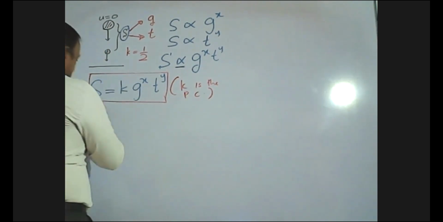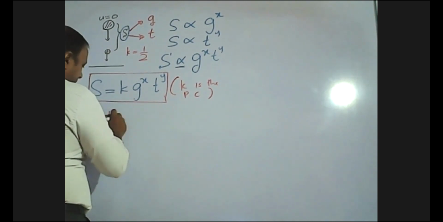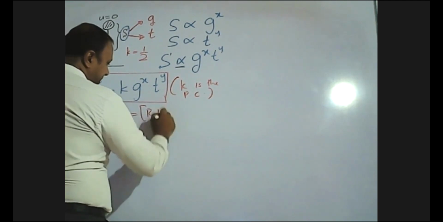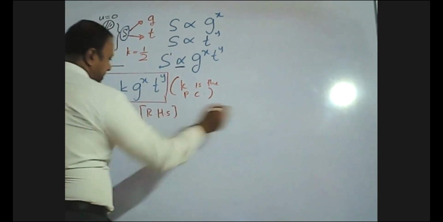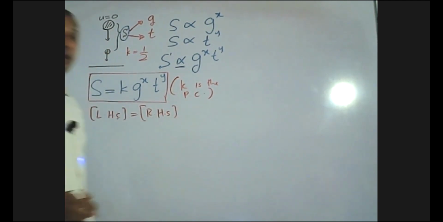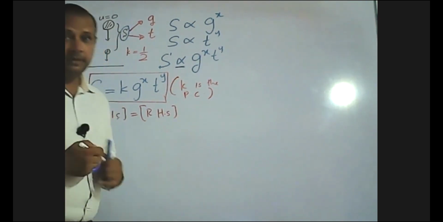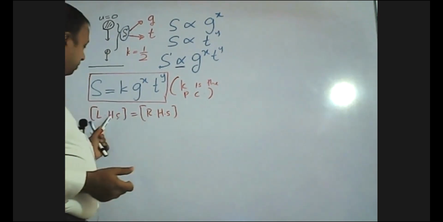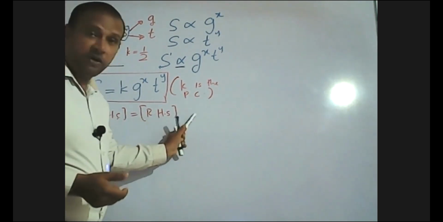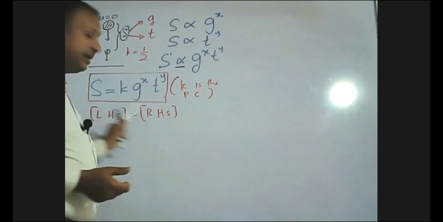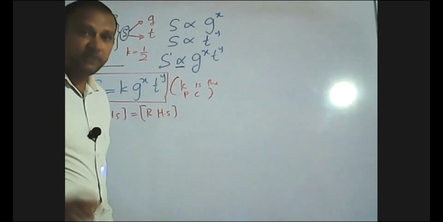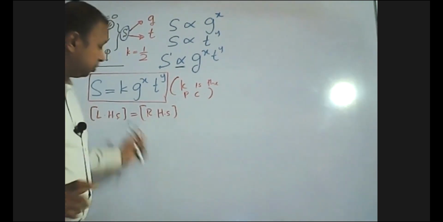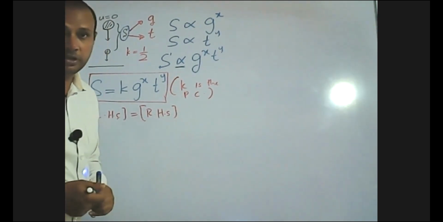So the dimension of LHS should be equal to the dimension of RHS. You have to write each and every logic. I'm not going to write it here, but you have to write this one.